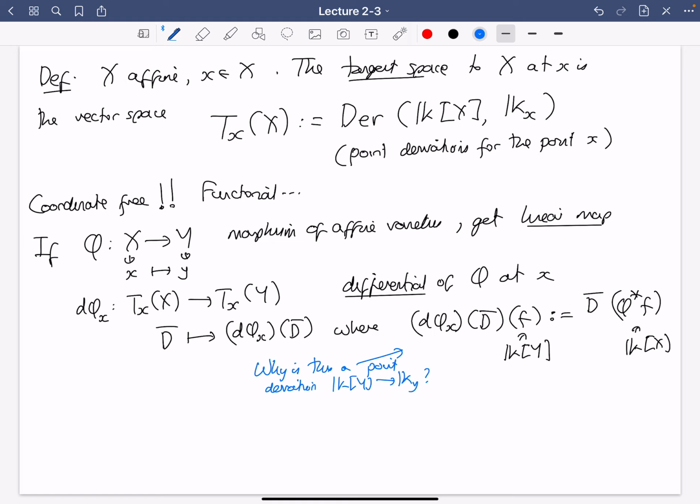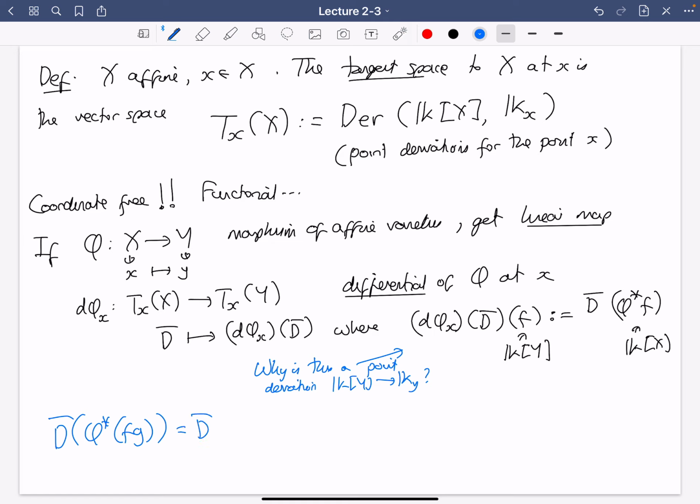I've got to check the modified Leibniz rule. If I take an f and a g, so instead of f there, I'm going to take fg, a product of two functions on Y. So I've got to look at d bar of phi star of a product.